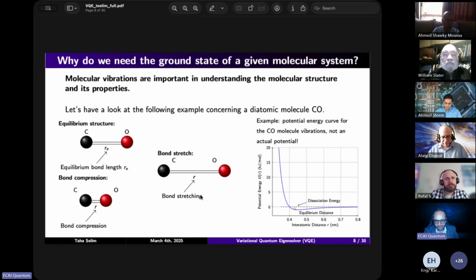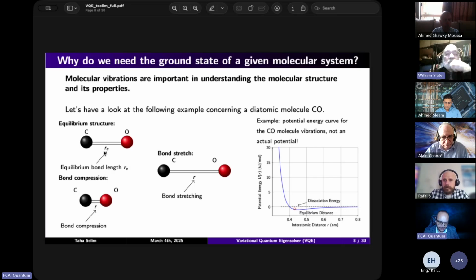Molecular vibrations are important in understanding the molecular structure because they express the nuclear motion. If we have a diatomic molecule like carbon monoxide, or CO, the molecule at equilibrium has what's called the equilibrium bond length Re.